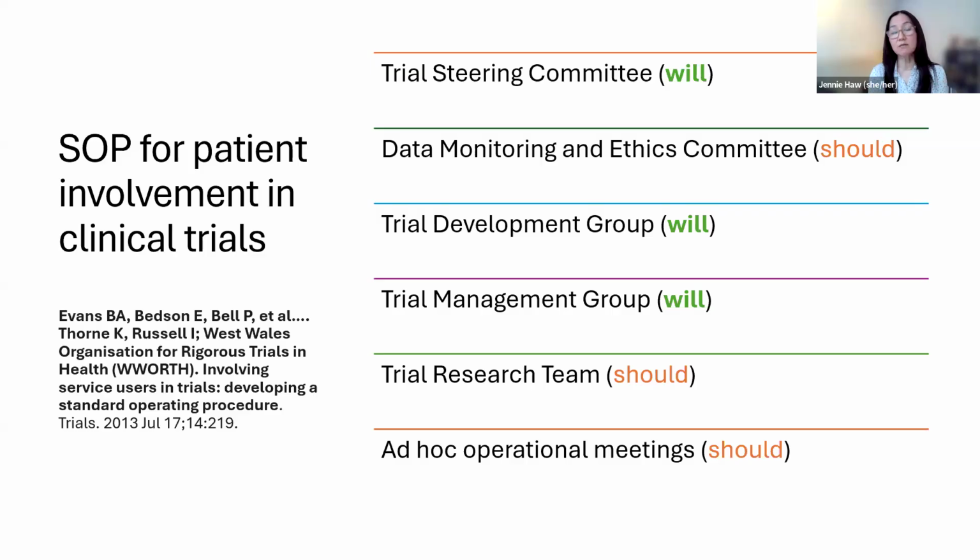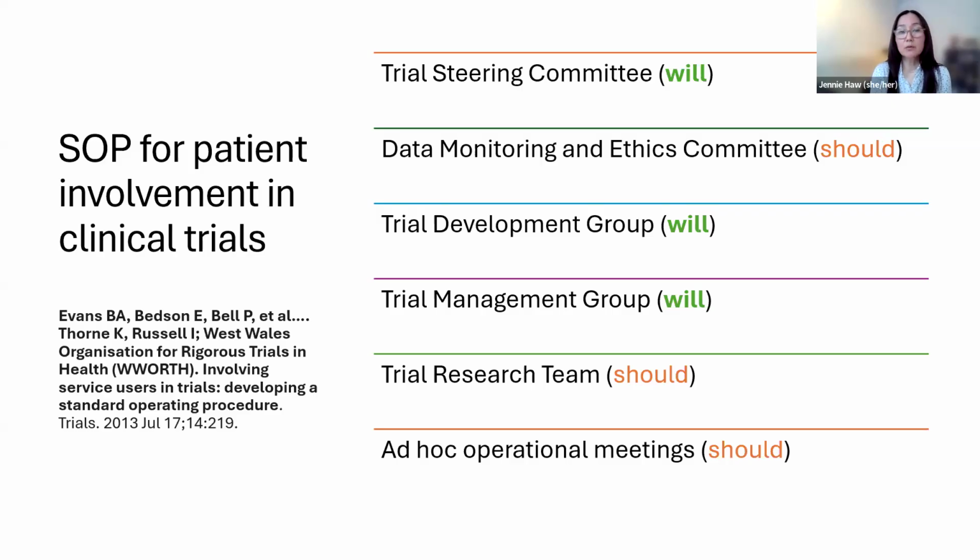So this is at the stage of proposing the trial and writing it up. The trial management group contributes to decision-making about all aspects of the funded trial. So once the trial gets funded, and for both of these groups, patients, patient partners or service users should be or must be included.